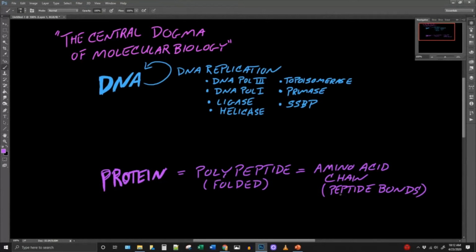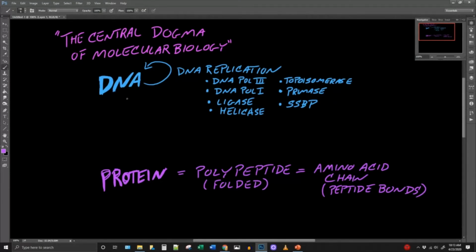Those peptide bonds are accomplished by dehydration reactions. Remember way back when we were talking about monomers and polymers, we string together these monomers, the amino acids, to make the polymer, the polypeptide, and then that polypeptide will spontaneously fold to get a protein, and that's actually functional. But these two molecules don't speak the same language.